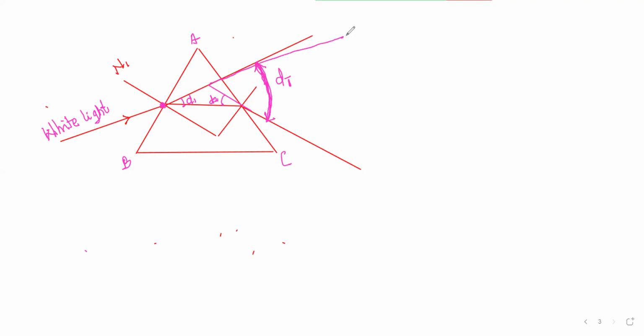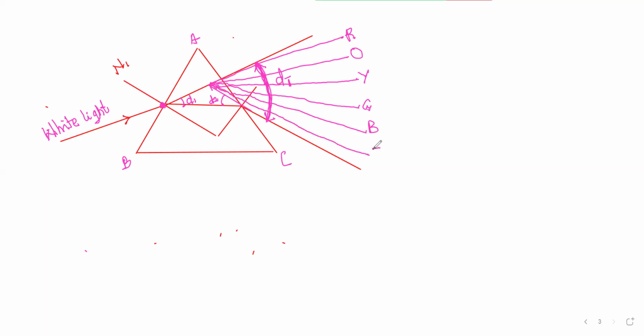red, which is the least deviated, then followed by orange, followed by yellow, followed by green, blue, indigo, and finally violet.